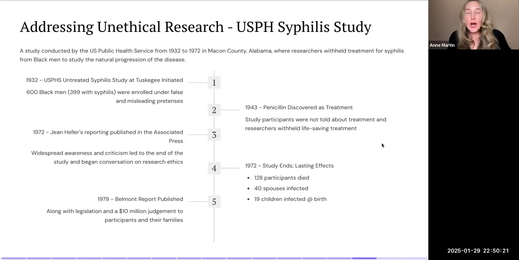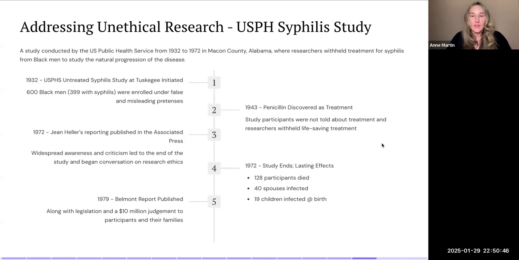So the study participants were not told about this. So this study went on for nearly 40 years before a reporter found out about it and reported it in the Associated Press. It was published in 2 major publications. And so this led to widespread awareness that this was happening and criticism, which led to the study ending, thankfully.